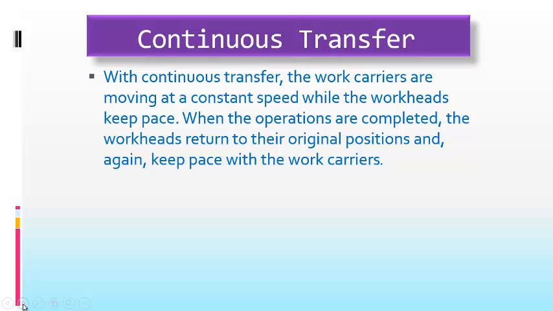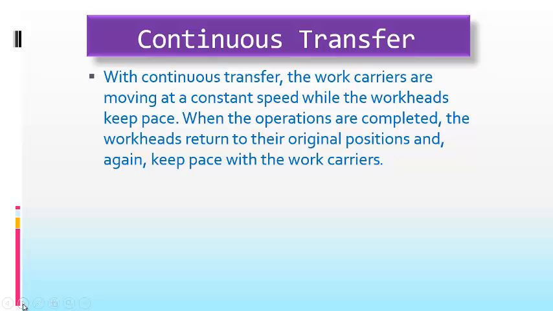Continuous transfer. We have two types of machines. One of them is continuous transfer. We talked about it when we talked first generally about assembly. With continuous transfer, the workheads move at a constant speed while the workheads keep pace. While the operations are completed, the workheads return to their original position and again keep pace with the work carriers.